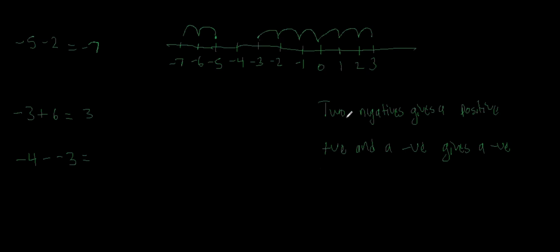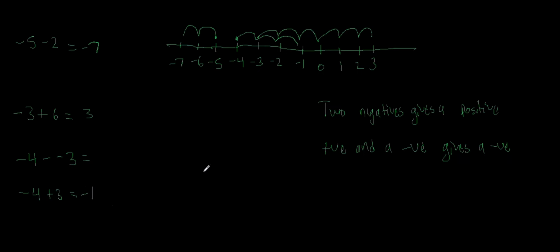So in this problem, I have two negatives next to each other, so it would become positive. So negative 4 plus 3. Now that I'm adding 3, I move 3 places to the right. I'm at negative 4, 1 space, 2 spaces, 3 spaces. I would end up at negative 1.